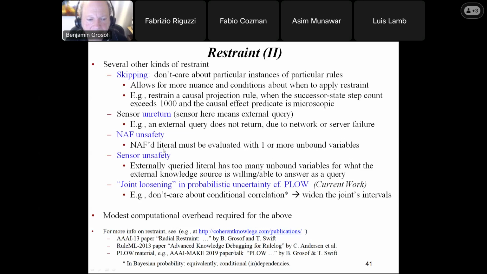The treatment of safety, which is a technical concept and condition on rule bases, both in regard to NAF and also in regard to so-called sensing, i.e. external querying. It might be that some external source is not willing or able to answer a query because it has too many unbound variables.